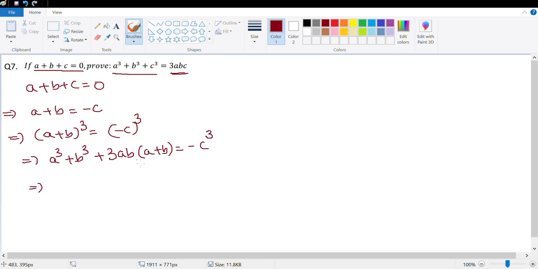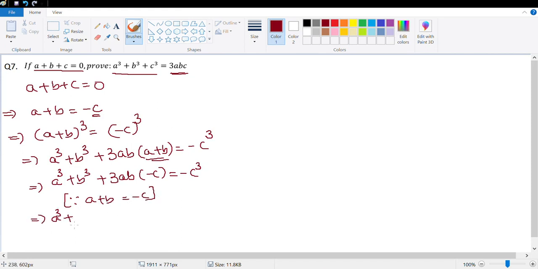Since a plus b is equal to negative c, a cube plus b cube plus 3ab times negative c is equal to negative c cube. Reason: since a plus b is equal to negative c. This gives me a cube plus b cube minus 3abc plus c cube is equal to 0. I bring negative c cube on this side, and this gives me a cube plus b cube plus c cube is equal to 3 times abc.